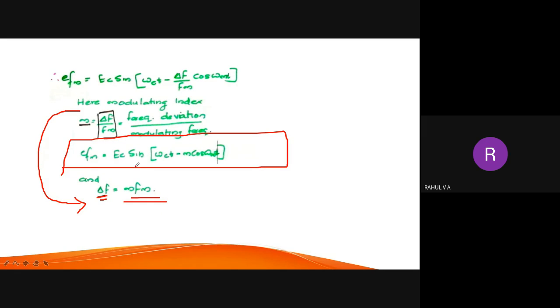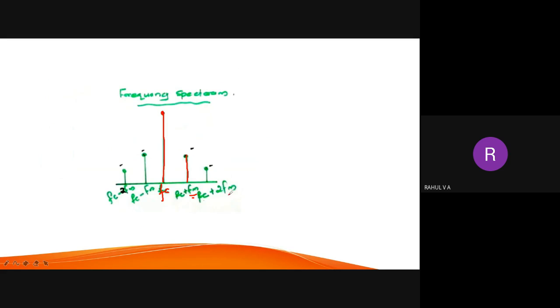So fm means what? I am substituting the modulation index, assuming that the modulation index is 1, so delta f becomes fm. So I am drawing one upper sideband like that, fc plus fm.